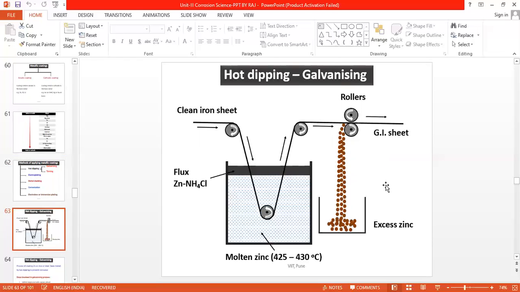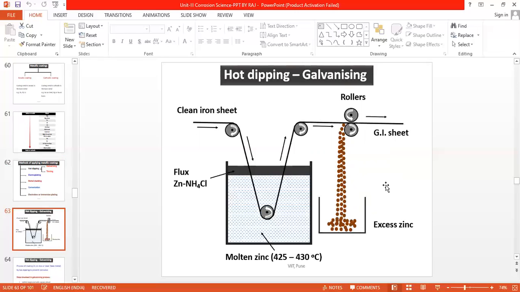In both cases, the base metal is dipped in the molten mass, but whenever we dip the base metal article in the molten mass, we always have to cover the surface of the molten mass with some flux to prevent its oxidation during the operation.